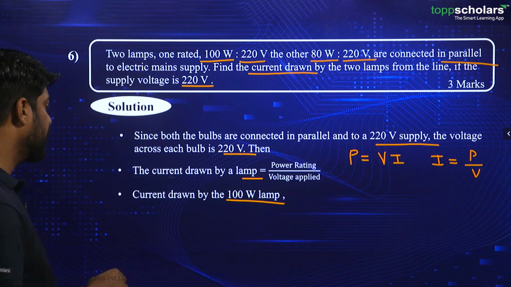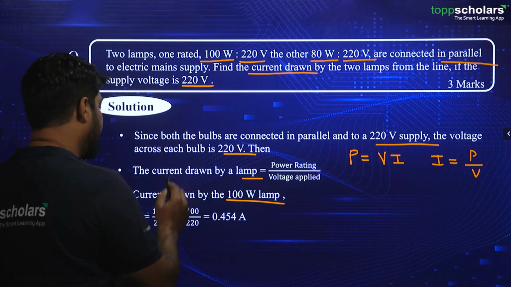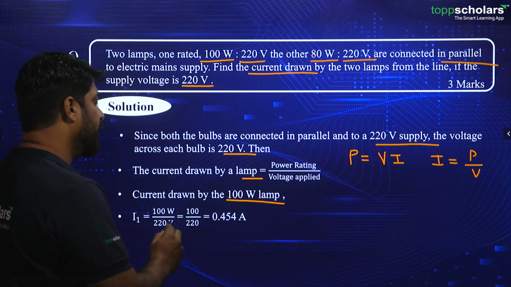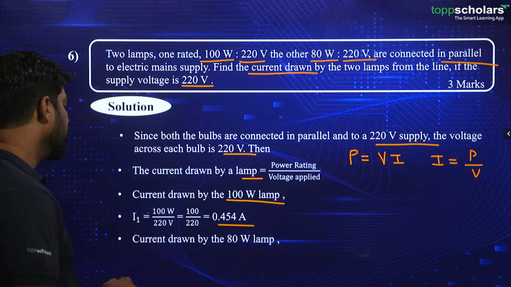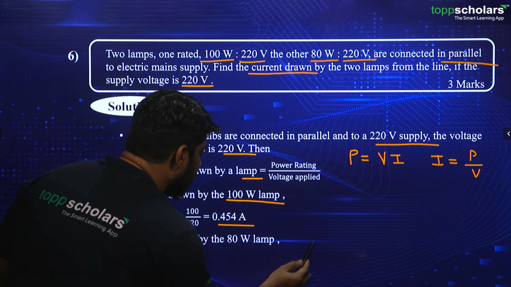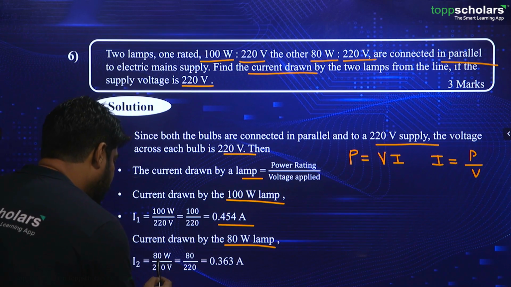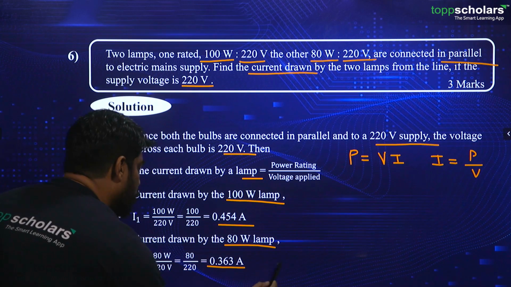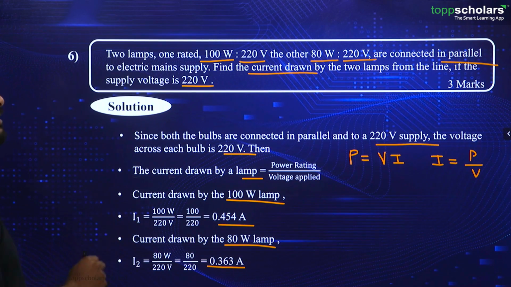I1 is equal to 100 divided by 220, and it will be 0.454. Next is the current drawn by the 80 watt lamp, I2 is power divided by voltage, and it will be 0.363 amperes. Okay, so this is the answer.